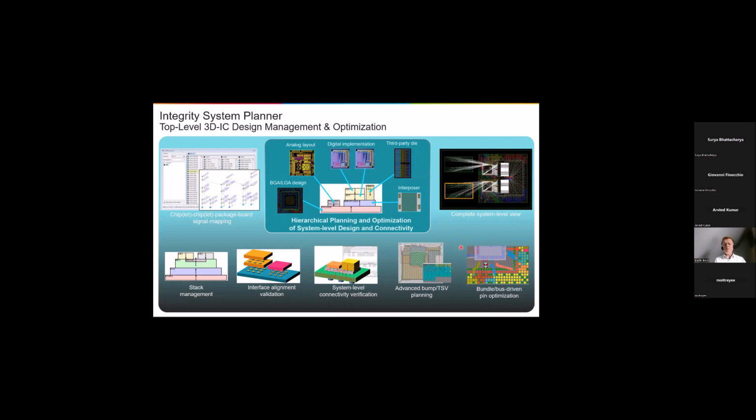And you can also use it for advanced bump and TSV planning and planning your interfaces. It even allows you to create the system netlist, so the connections between the different components in your system, and even allows you to optimize it.